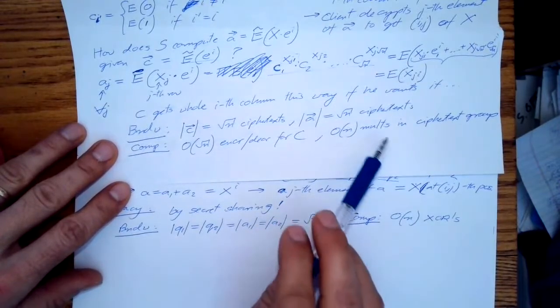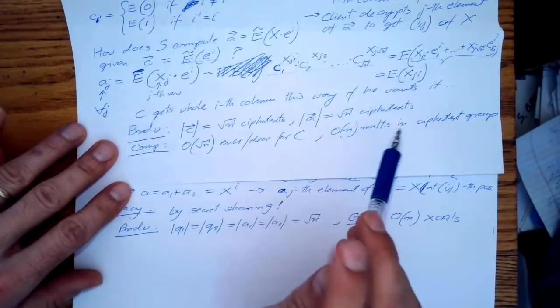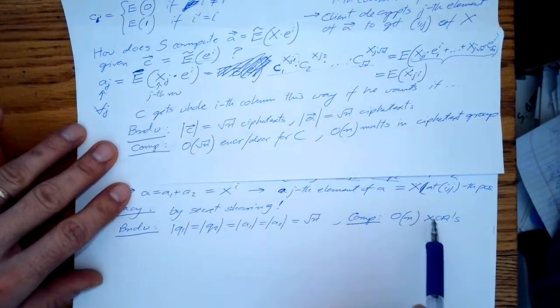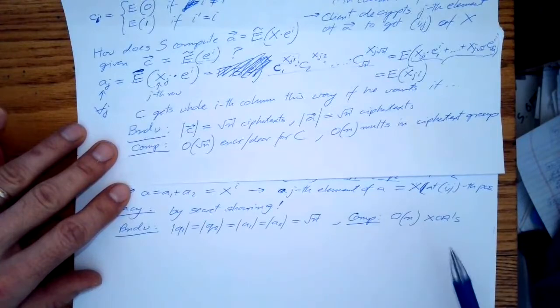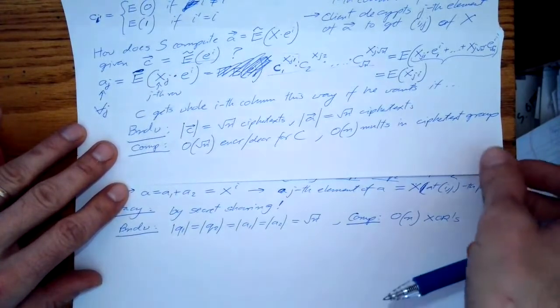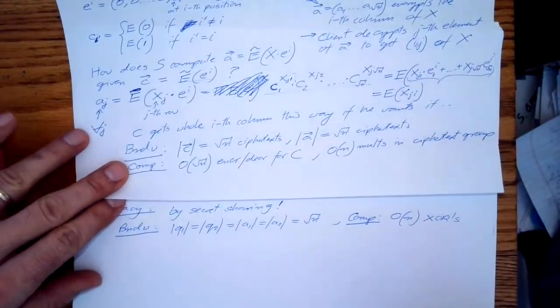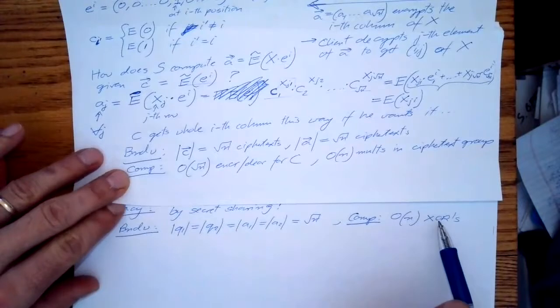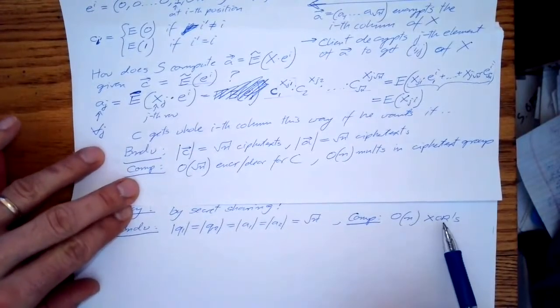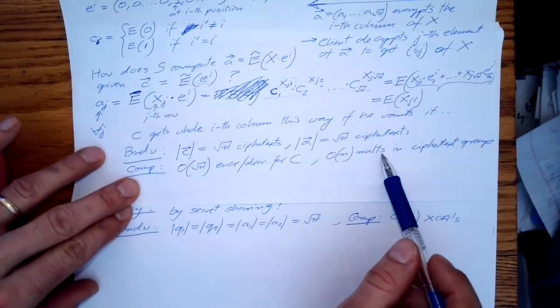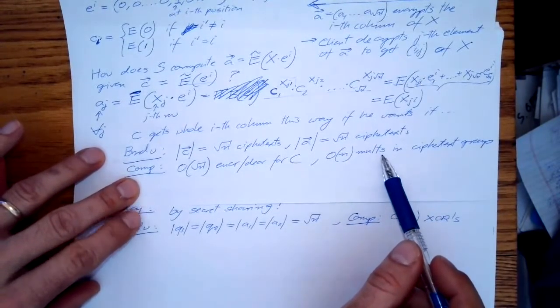And mults in a group versus XORs is a huge jump in terms of concrete efficiency. I mean, there is no faster operation than an XOR, whereas these are not so trivial.